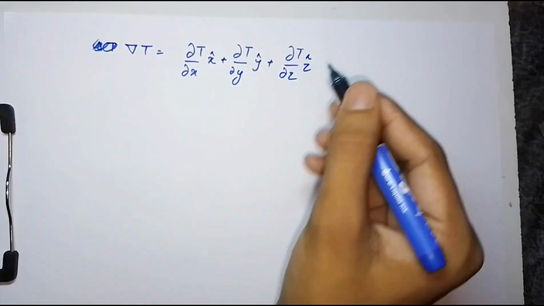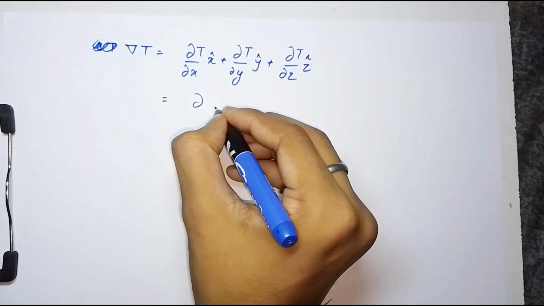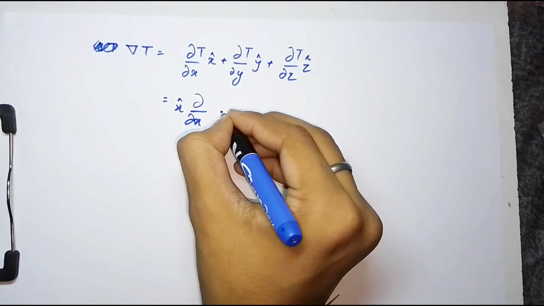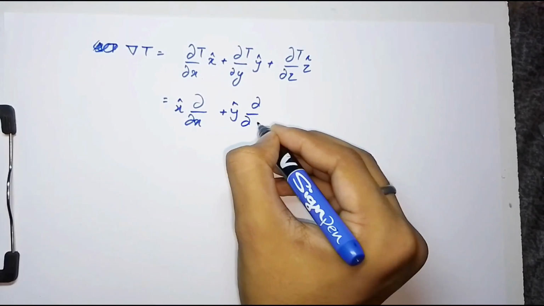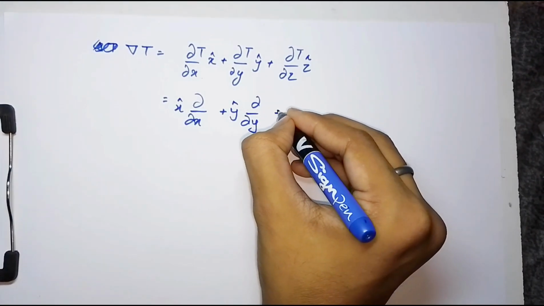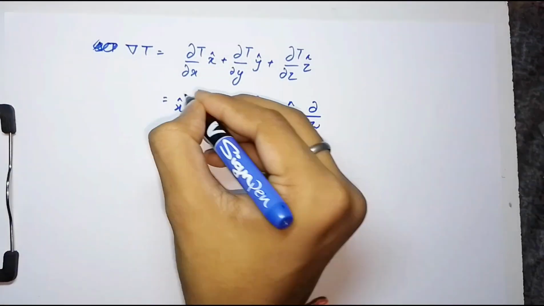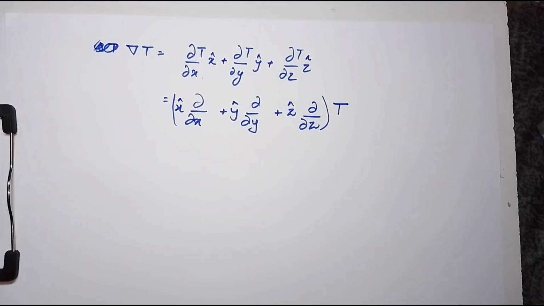z cap. Now this can be rewritten as x cap d upon dx plus y cap d upon dy plus z cap d upon dz, acting on t. I hope you understand till now.